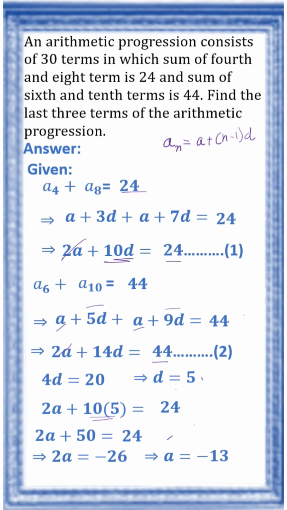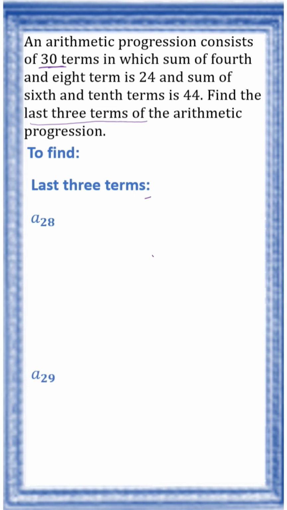Now we are to find out the last 3 terms of the progression. Means A28, since the progression consists of 30 terms: A28, the 28th term, 29th term, 30th term. A28 is equal to A plus 27d because the formula is a plus n minus 1 into d.